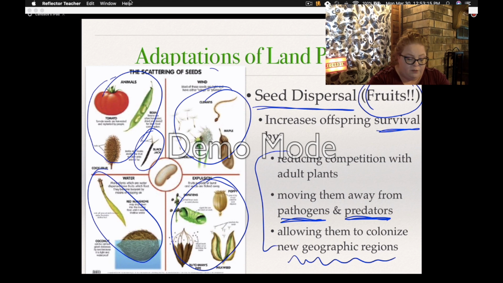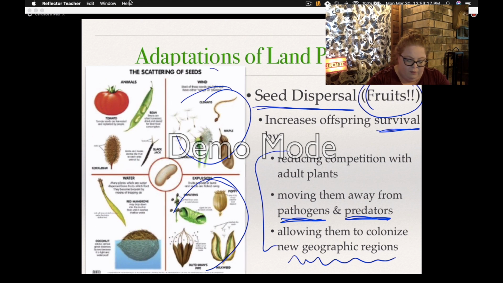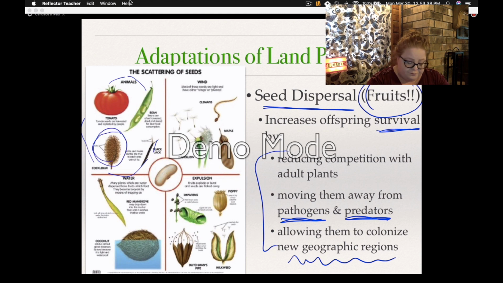For us, we probably only think about the ones that we eat, but all of these are considered fruits as long as the seeds are initially inside them. Dispersal can happen through animals, by animals eating the fruits, or through the fruits attaching to the animal and moving around. You might have seen these before. They have little hooks and attach to the animal.